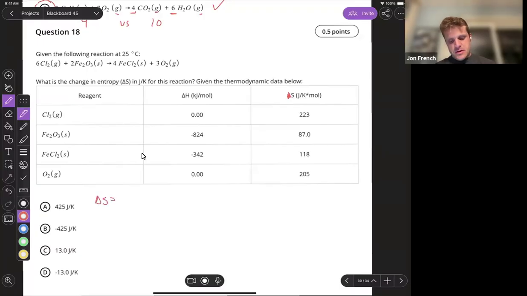Right, so our entropy equals delta S of my products minus the reactants. So 4 moles of iron 2 chloride plus 3 moles of oxygen minus 6 moles of chlorine and 2 moles of iron 3 oxide.